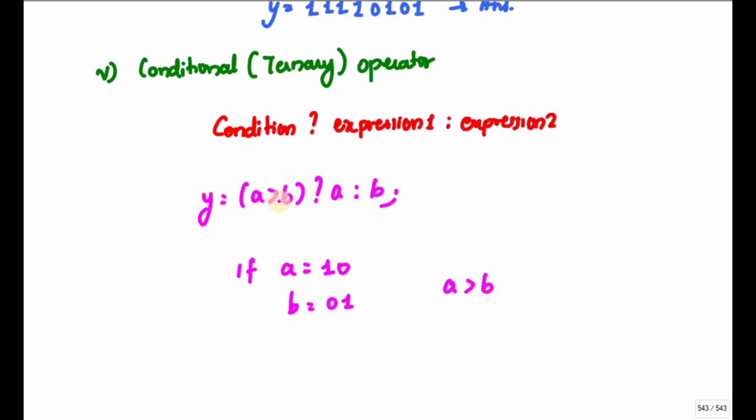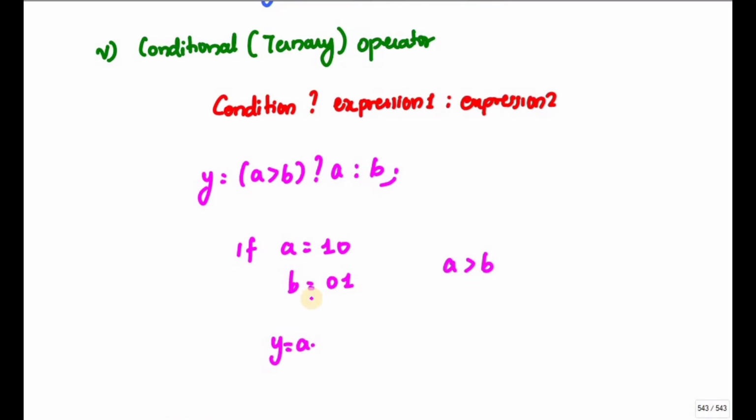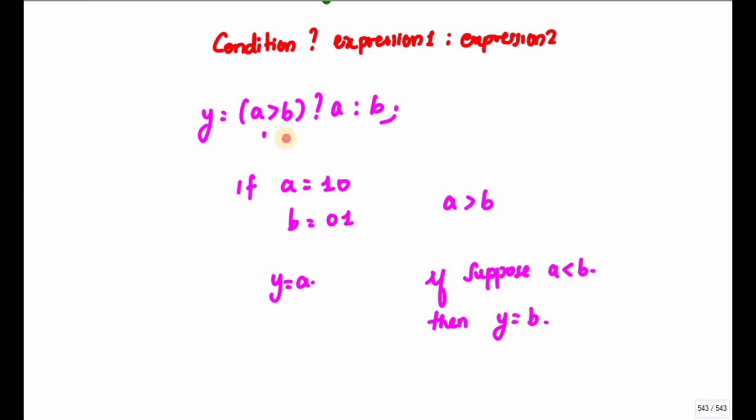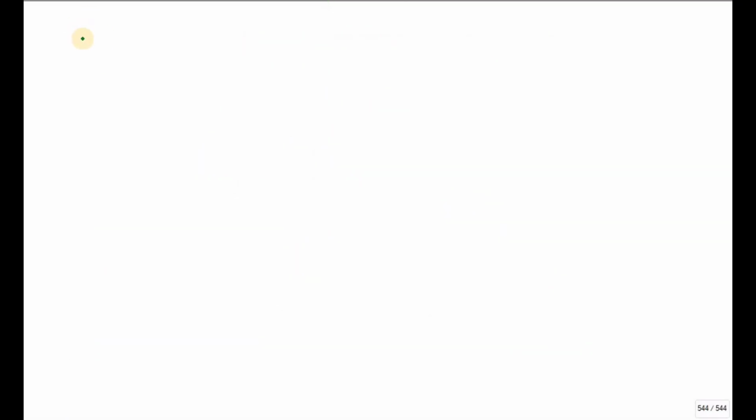You can see a is greater, so y becomes a. If the condition is not true, then y becomes b. It can also be written in nested form, so you can refer to that as well.